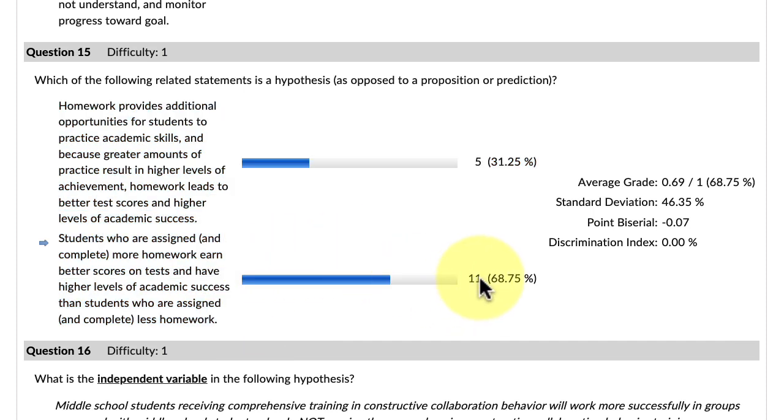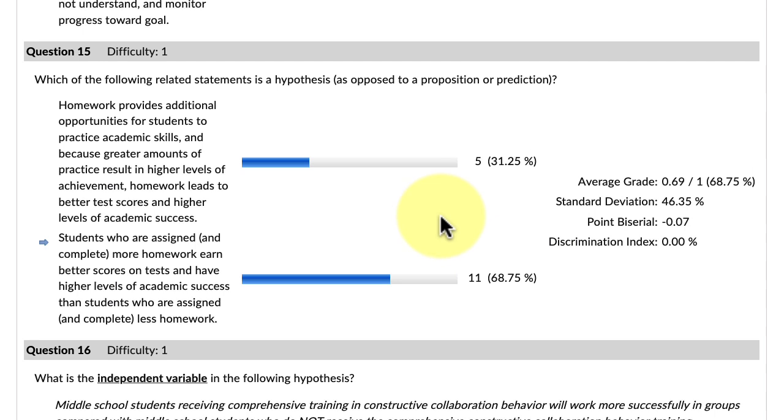But since 11 of 16 did identify it correctly, I think it's an okay assessment item. I probably won't use it in the future. But if this had been something like 5 people got it right and 11 didn't, then I would say it wasn't an item that clearly indicated the distinction between the two, given the way that it's written.